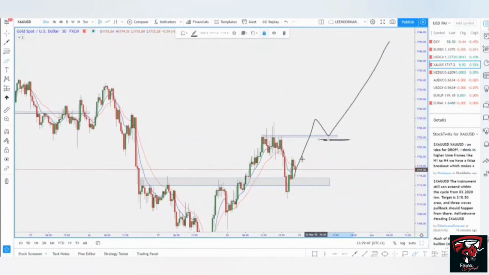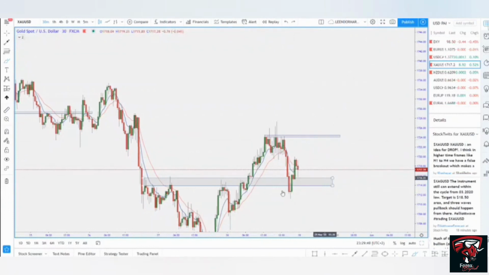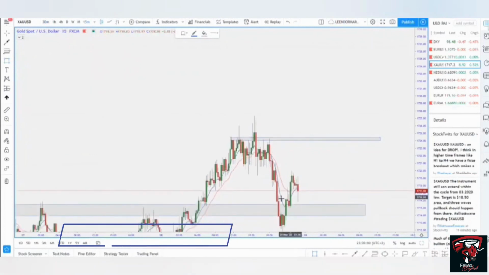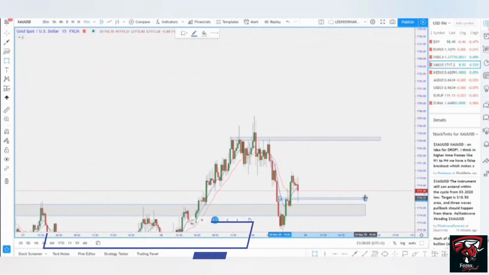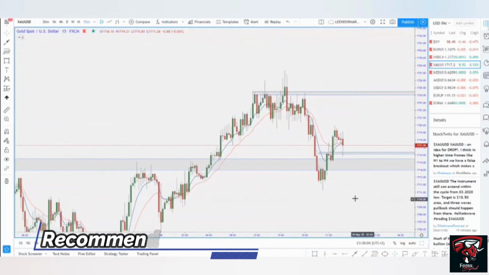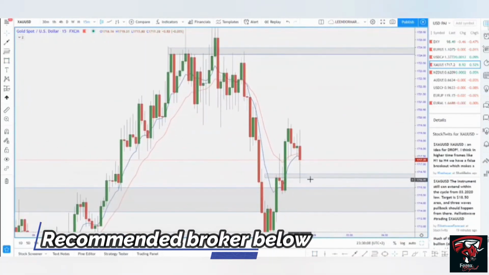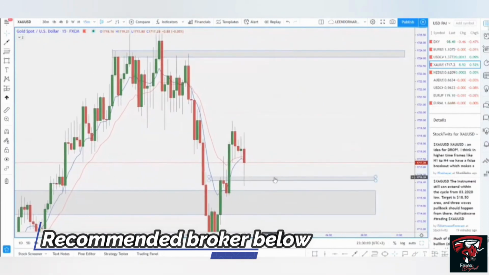This has confirmed enough that this market did leave that support level. Even if you go to the M15 time frame, remember guys, we're using that smaller time frame to identify trading opportunities based on what we have seen on the high time frames. So even on the M15 we did break past this level, come back to retest from here. I do expect the market to push up.